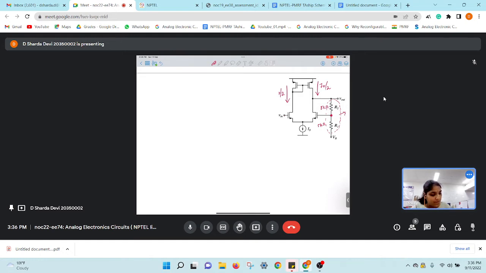In this circuit, let's say if it was a normal circuit, what should be the voltage at this particular point?